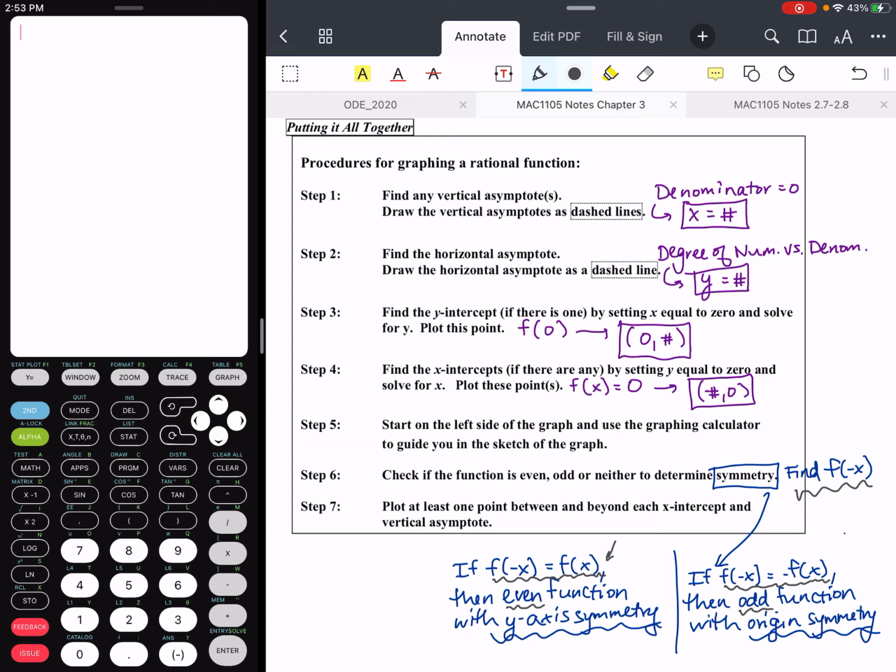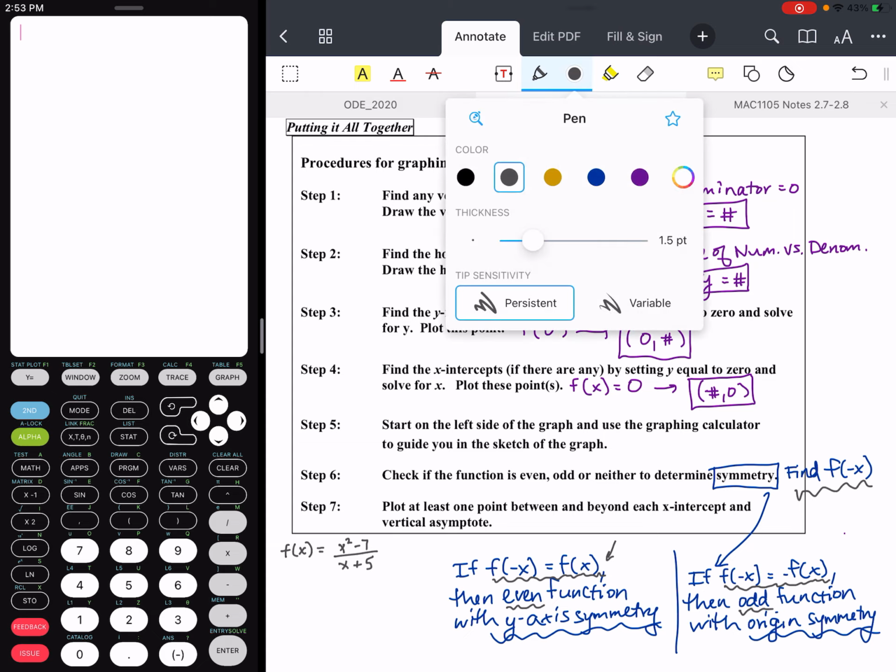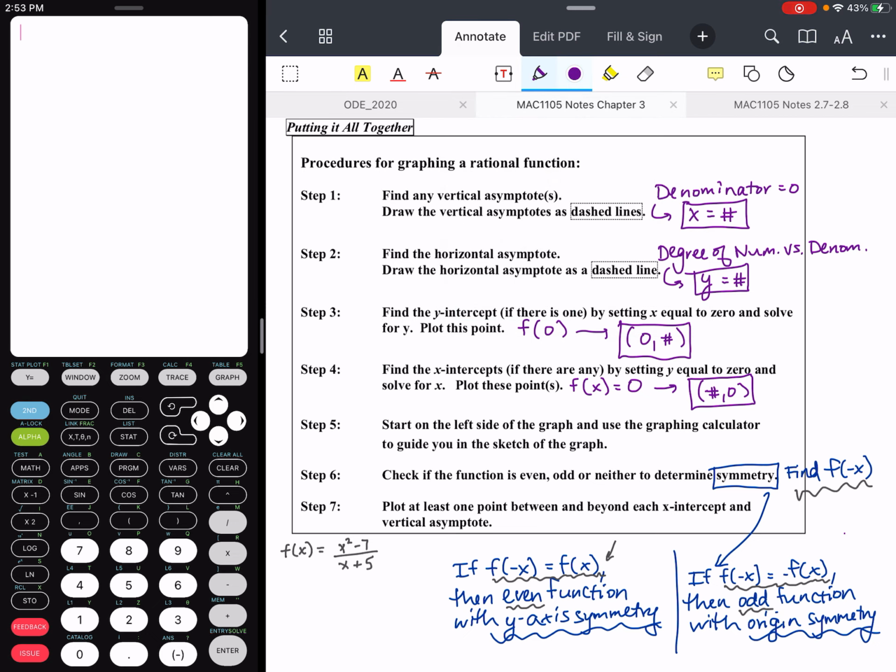So I just want to point out, and these won't necessarily be odd, but if you have f of x equals, let's say, x squared minus 7 over x plus 5, I just want to show you what negative f of x would equal.